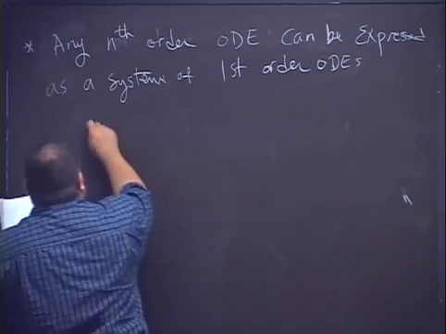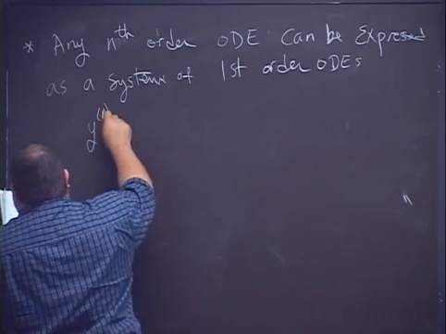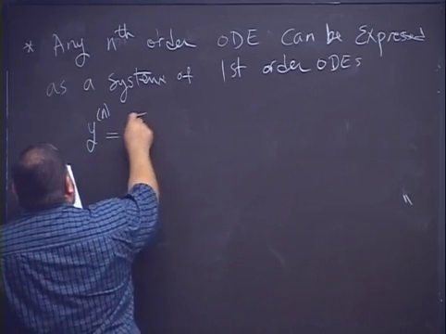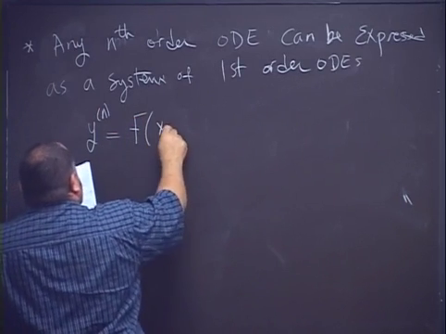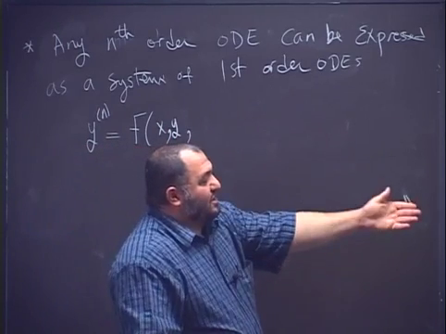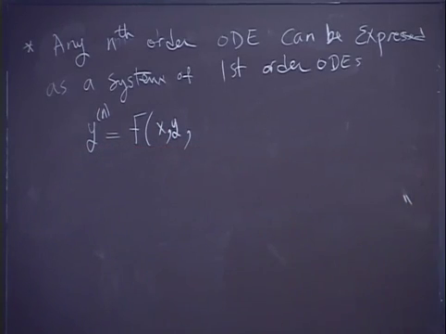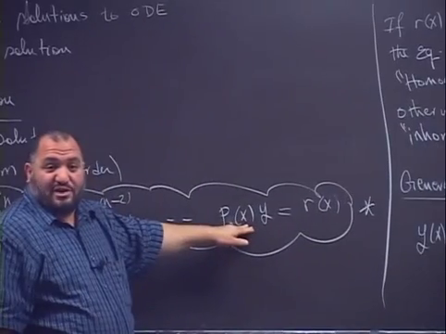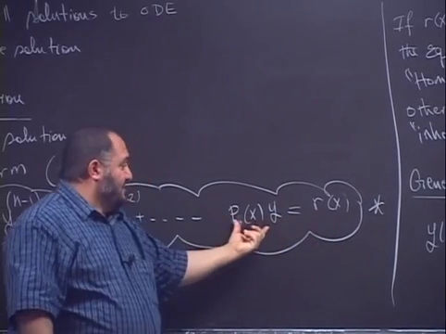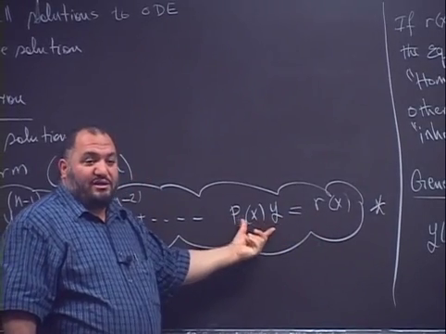rest of the terms. So y^(n) is just, you can represent it as this. So this will be just a function of x and y. A function of x and y will be, let's say, r of x is a function of x, and this is just a function of x and y, yes? This is r of x is a function of x, and this part is a function of y, yes, y and x.